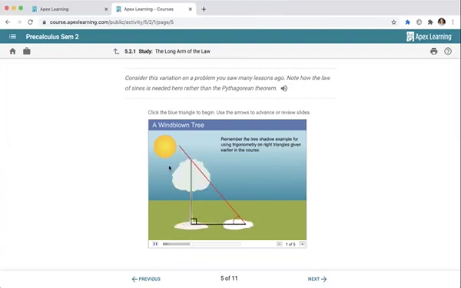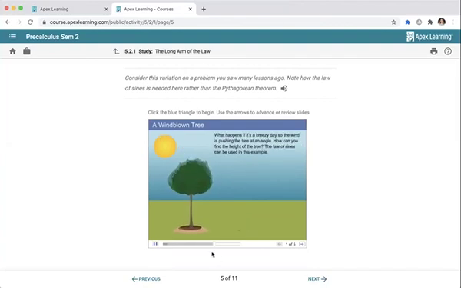Okay, so again, we were able to make a right triangle, but it's saying, what if the tree's not grown perfectly straight up? What if it's not a perfect right triangle here? Or it's breezy and it's pushing the tree at an angle. Can we still find the height of the tree? The answer is, yeah, absolutely, right? Absolutely.